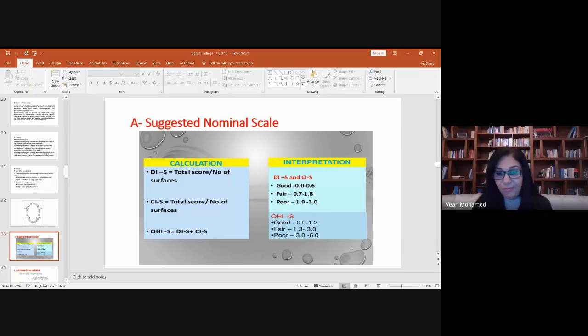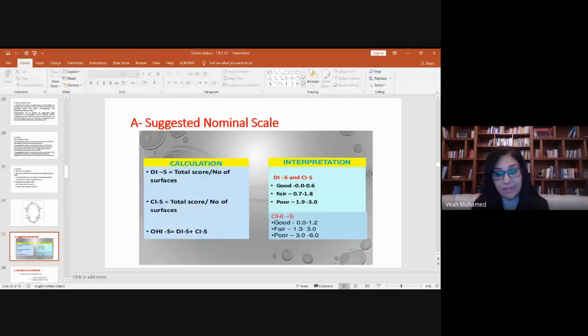The interpretation: how to interpret the number, because the number means something. For debris index, calculus index and oral hygiene index, we have good, fair, poor. For debris index and calculus index, good is from 0 to 0.6, fair from 0.7 to 1.8, and poor from 1.9 to 3.